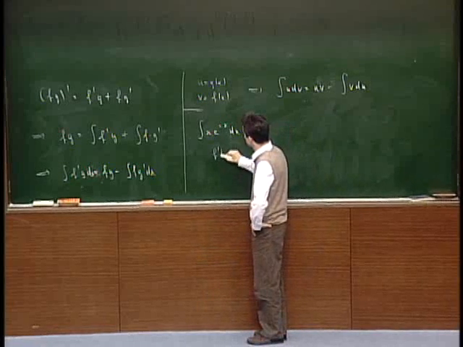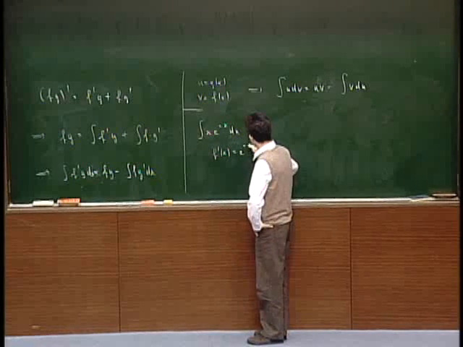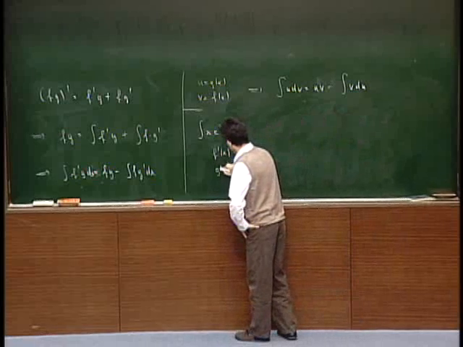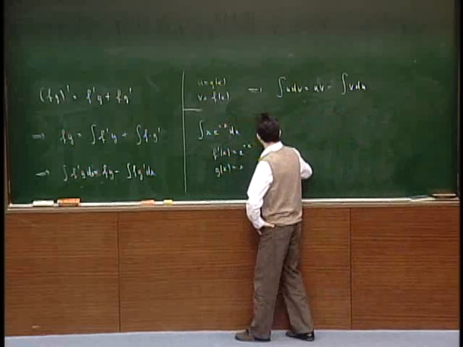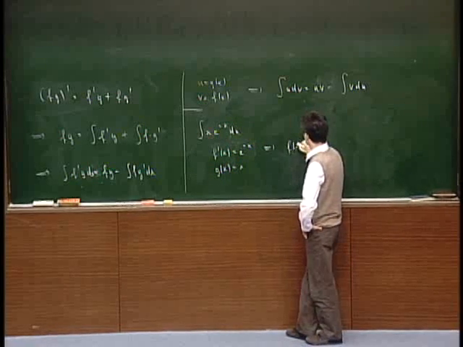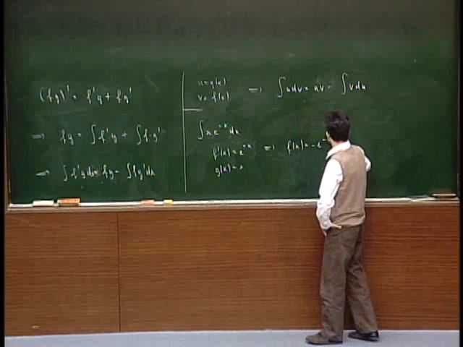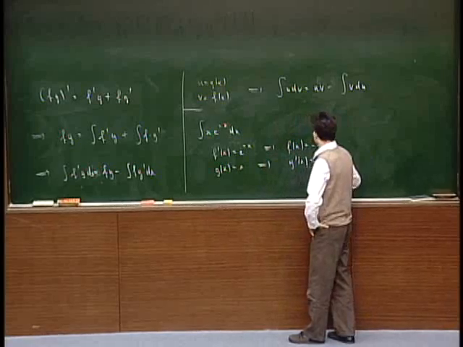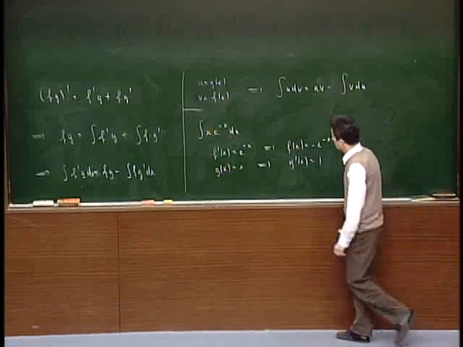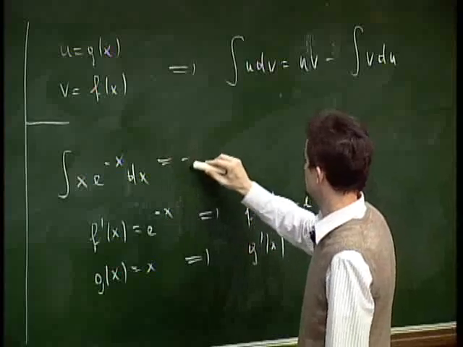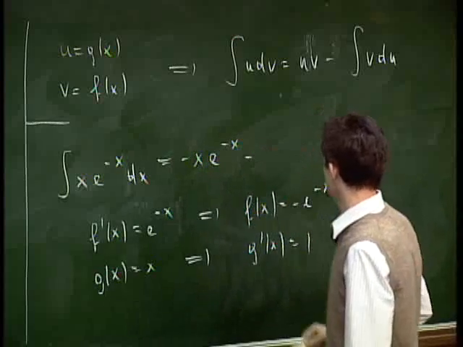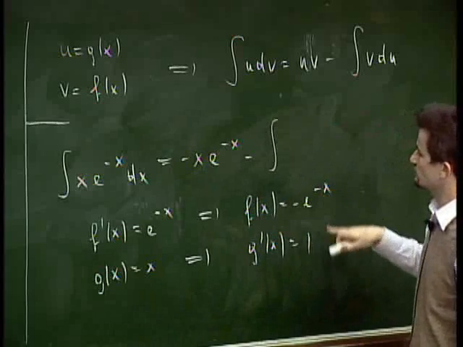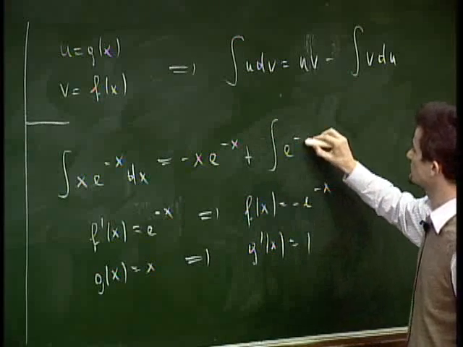So what we do is we choose the derivative of f to be equal to e to the minus x, and g of x to be equal to x. So here the integral is easy to compute. It's minus e to the minus x. And here the derivative is getting easier. Now, you see, this is equal to minus x e to the minus x minus, and now you have the integral over the product of those two, so you have here plus e to the minus x dx.